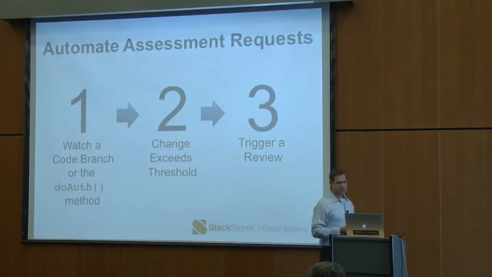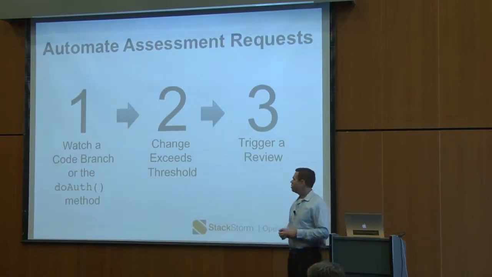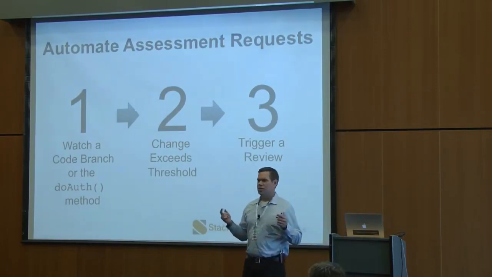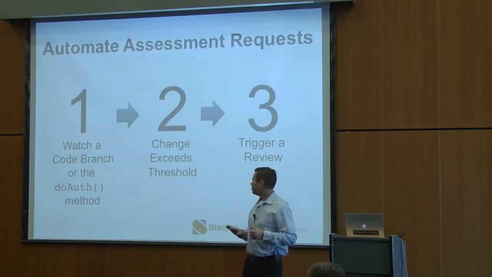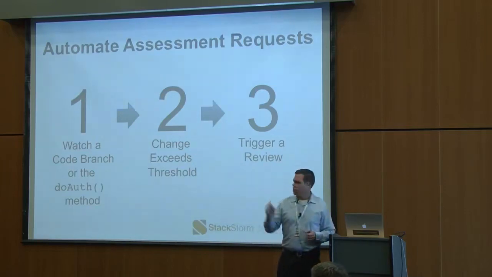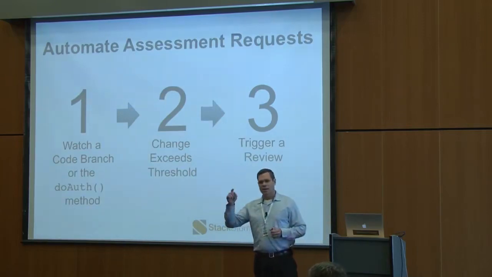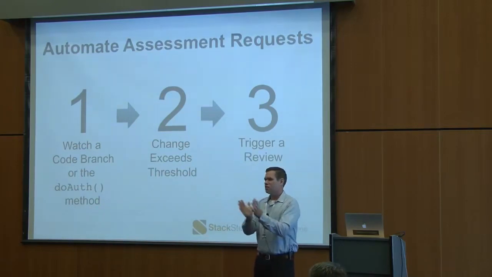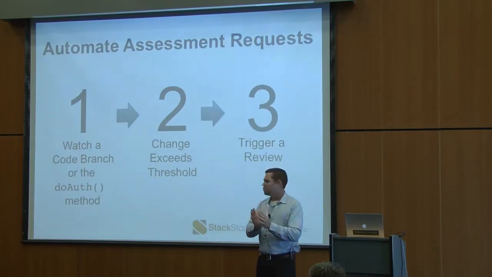Some other things that we've talked about, these are things that we haven't done yet. They're on our roadmap of what we're interested in doing. This isn't new to us, but a new idea that came from us is that you watch a code branch, right? And when you watch that code branch, you decide what threshold of change you are comfortable with, and when it's reached, you trigger a review.